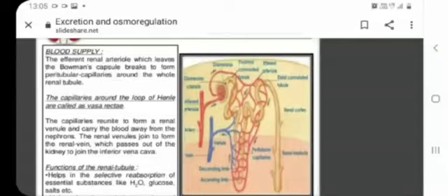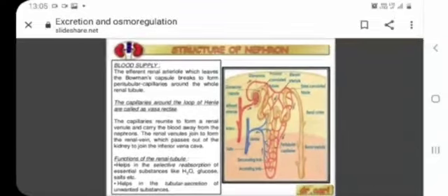The renal venules join to form the renal vein, which passes out of the kidney to join the inferior vena cava. The renal tubule helps in the selective resorption of essential substances like water, glucose, and salt.